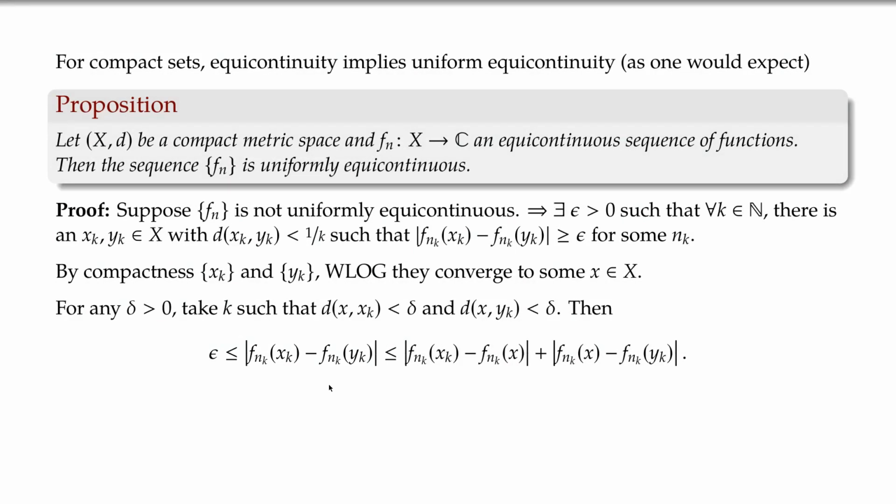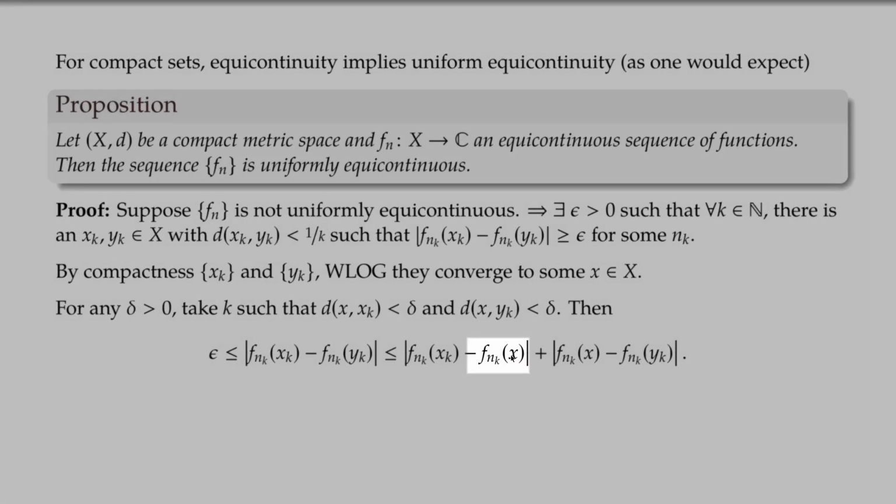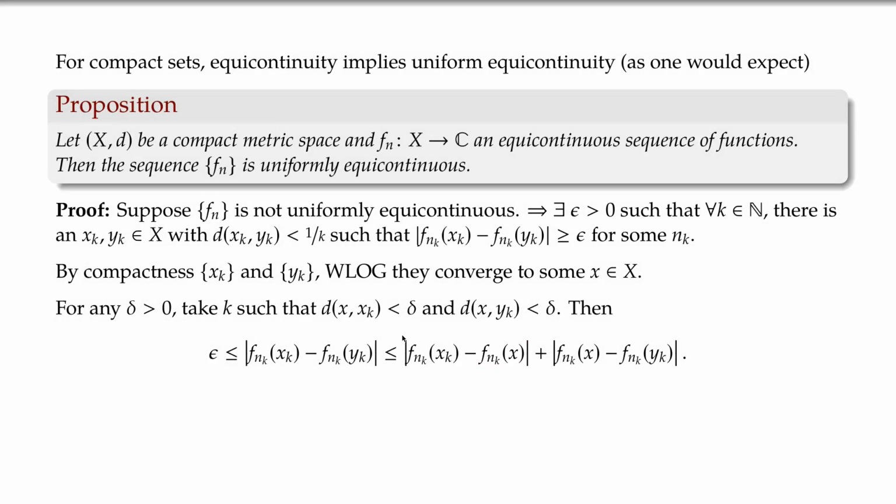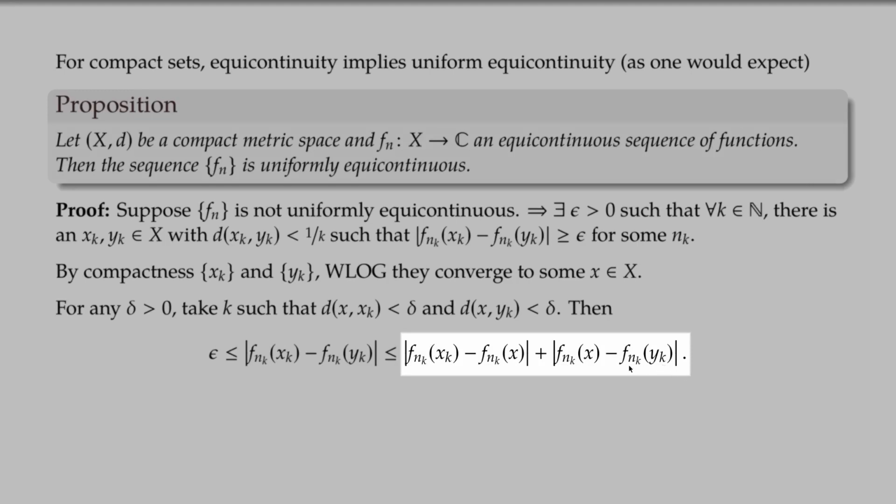And now we just apply the triangle inequality. We basically subtract and add f sub n sub k of x, right? We add in that point x, and now we have this inequality. Epsilon bounds this sum from below, and this is a sum of positive numbers, right? So at least one of them has to be bigger than epsilon. Sorry, epsilon over 2, right?